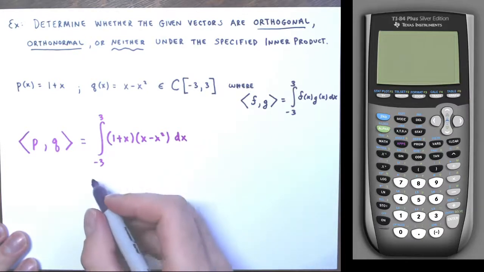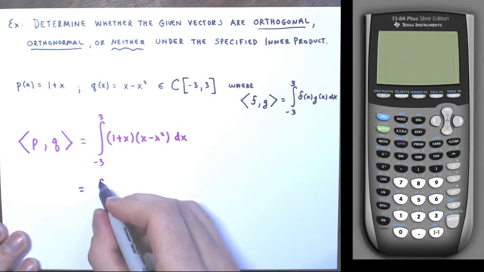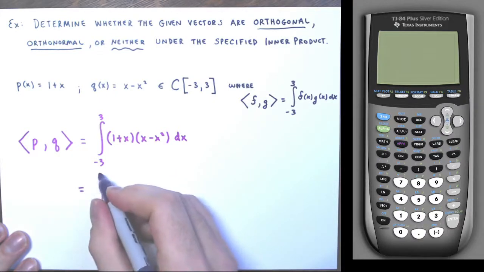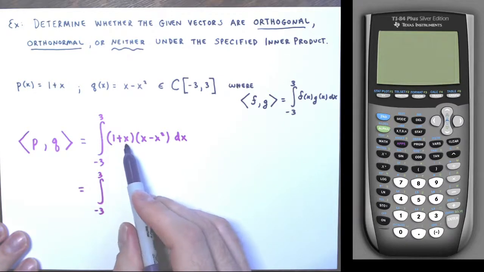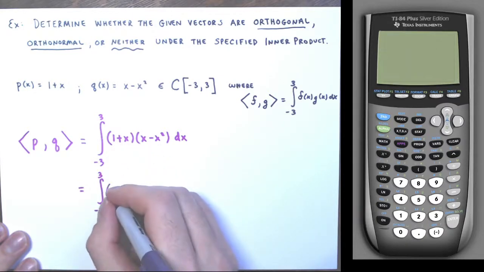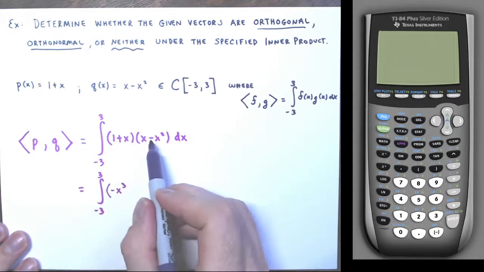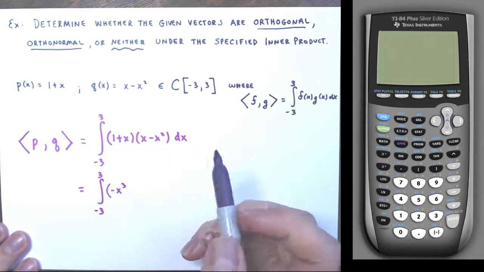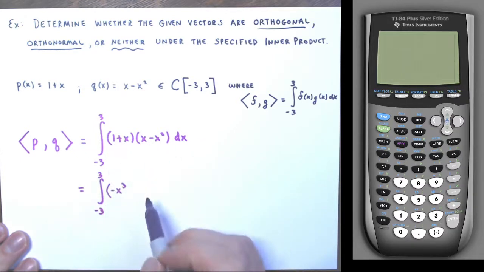Alright, so this will be a nice little polynomial. It's the integral from -3 to 3 of negative x cubed, and then plus x squared minus x squared, so no x squareds.